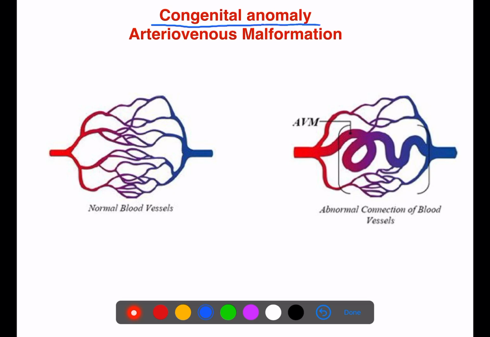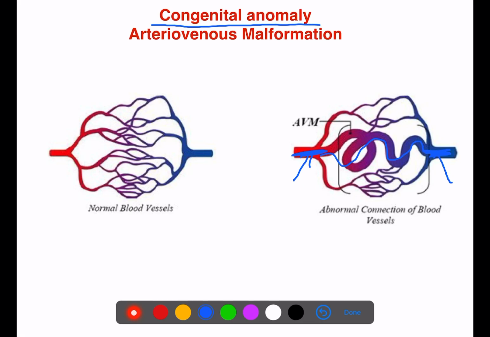In this congenital anomaly, the artery meets with the vein at a large level or directly. This is combined with the travel of high blood pressure blood into an area with low blood pressure.